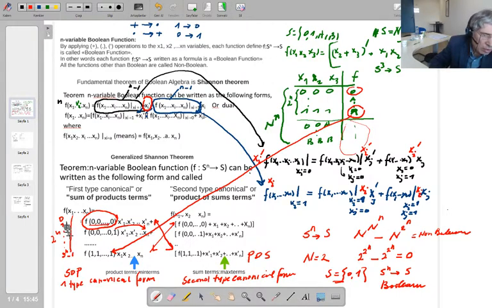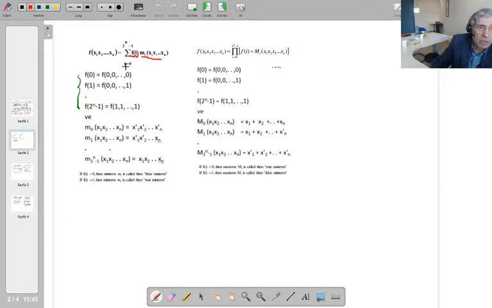If you start the counting from 0, the total number of rows is 2 to the power n, but in decimal numerical case, it goes from 0 to 2 to the power n minus 1. So that's why we see I equal to 0 up to 2 to the power n minus 1.